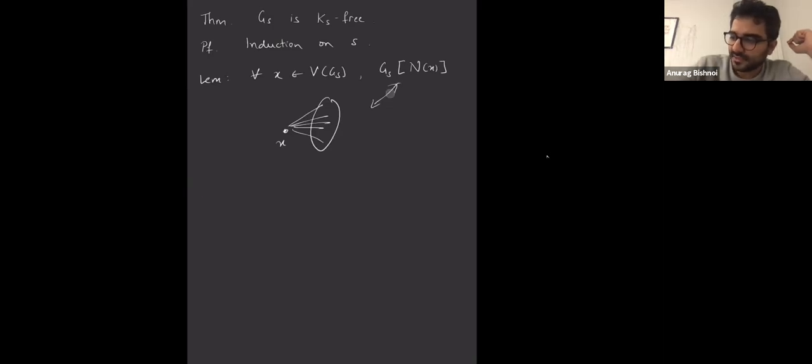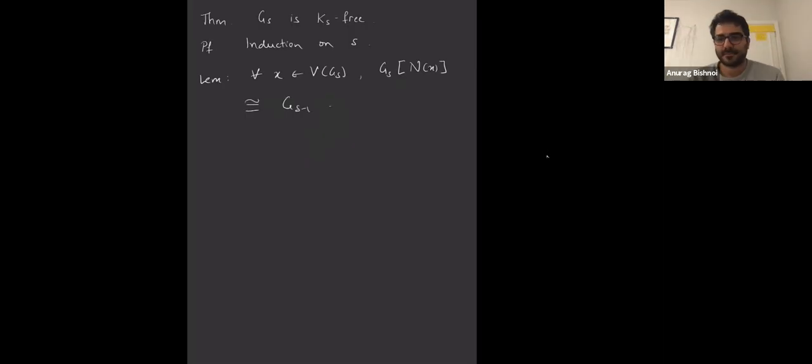I claim that this graph is isomorphic to G of S minus 1. That's why the eta and all will show up. So for any vertex, the neighborhood graph is just the same graph in one dimension lower, with the same definition but for S minus 1.